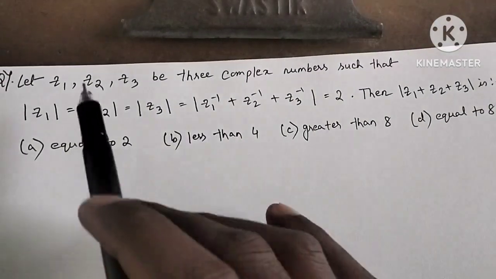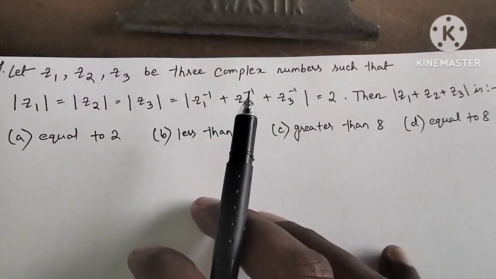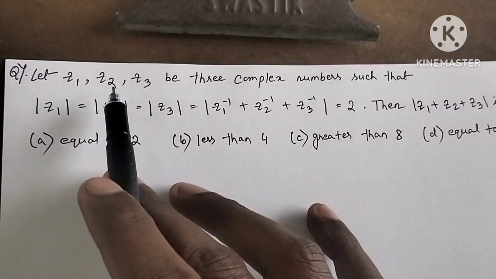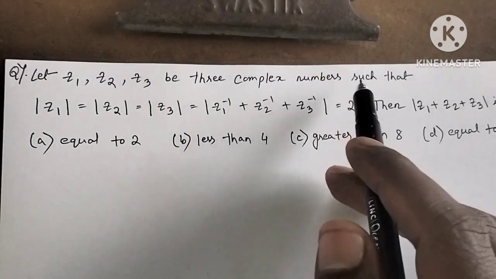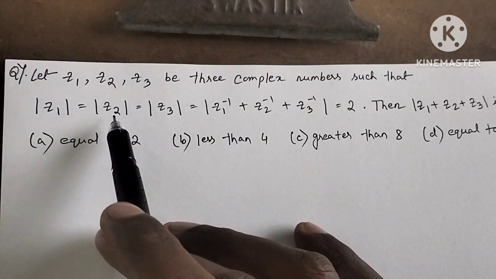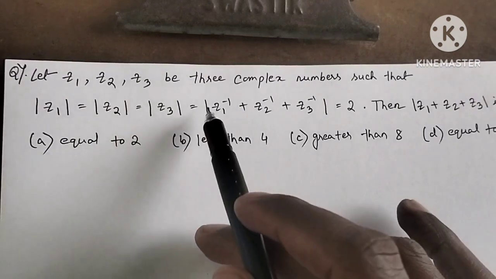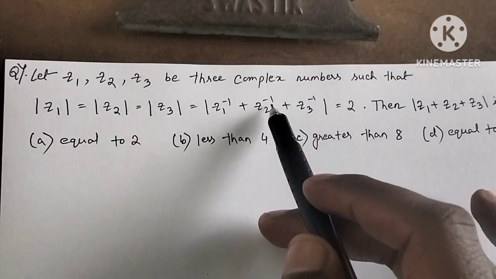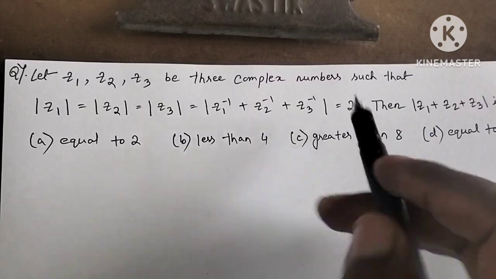In this video I have brought this question for you all. Look at the question very carefully. Let z1, z2, z3 be three complex numbers such that mod of z1 is equal to mod of z2 is equal to mod of z3 is equal to mod of z1 to the power minus 1 plus z2 to the power minus 1 plus z3 to the power minus 1, which is equal to 2.